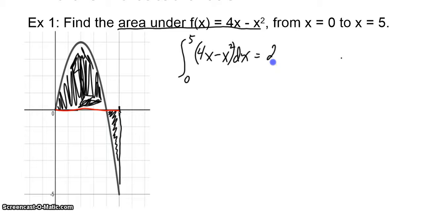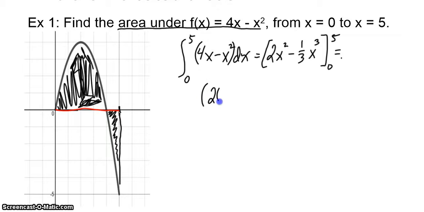So that's 2x squared minus 1/3 x to the third from 0 to 5. And plug it in.